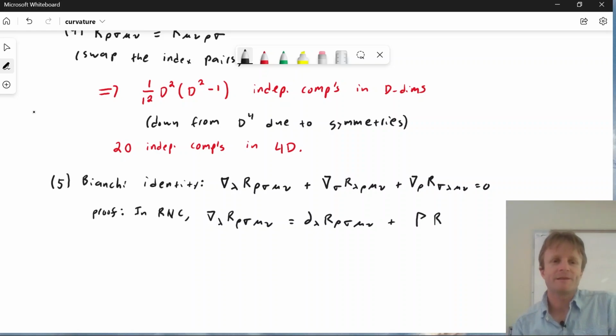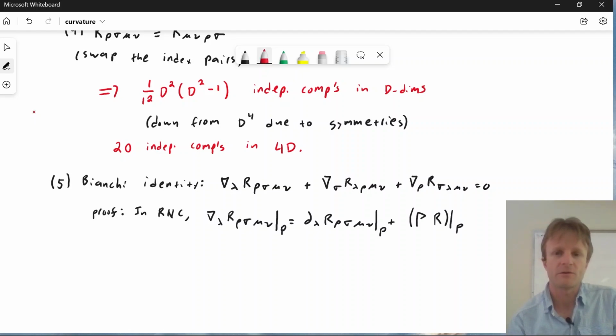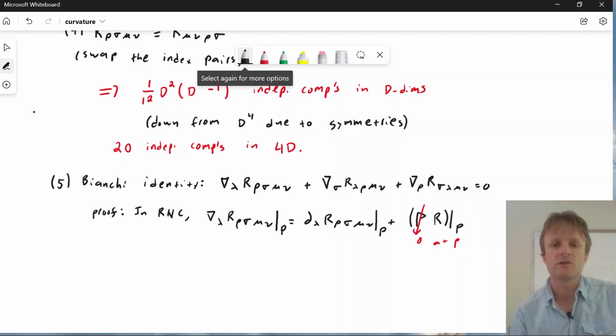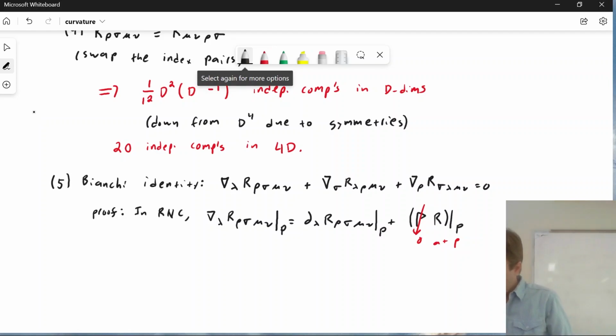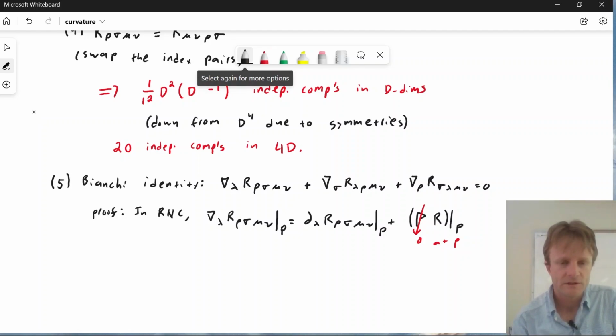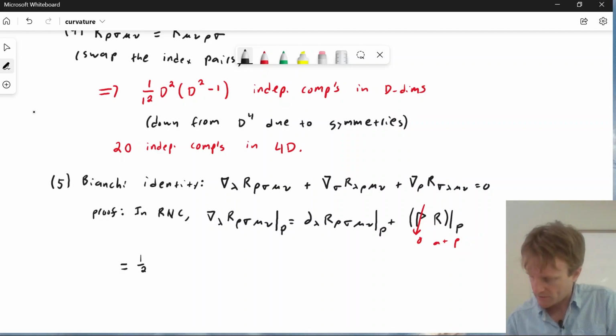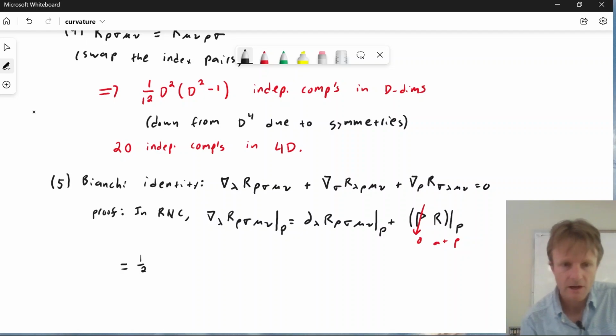But fortunately, the magic of Riemann normal coordinates, if we evaluate this at a point P, the Christoffel symbols by construction vanish at P. So we again get to just work with partial derivatives. So we can just write that this thing is equal to that giant formula above, which is not on the screen, so I'll just copy from my notes. I just take a partial derivative of it.